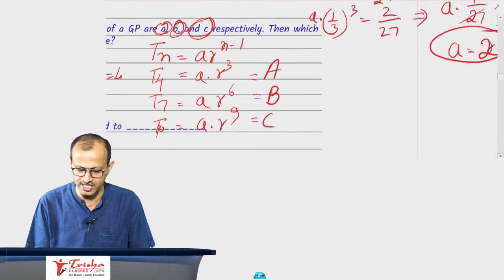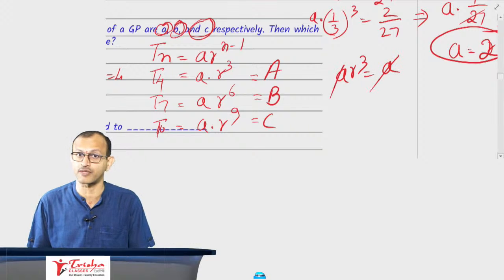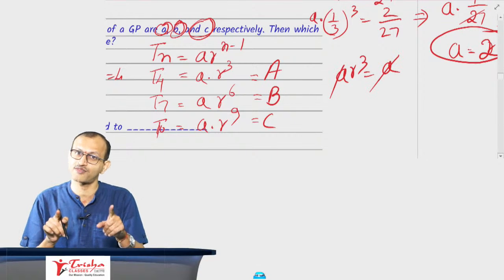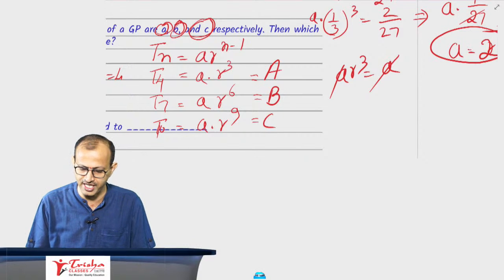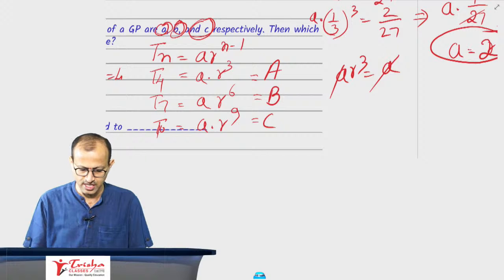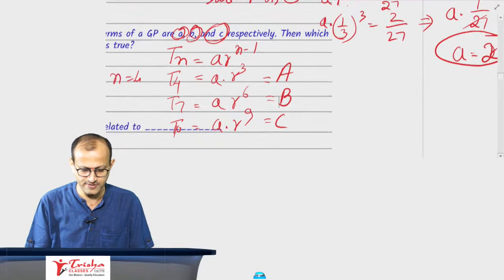If I write A r cube is equal to A, in a hurry you may do that because both A are not the same. One is the formula A, one is what they are given. That's why, to make a difference, I will take capital letter A, capital letter B, capital letter C instead of small letter.